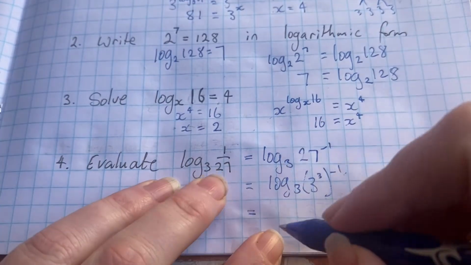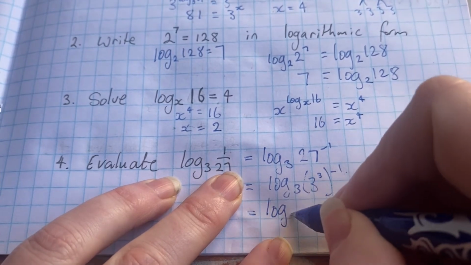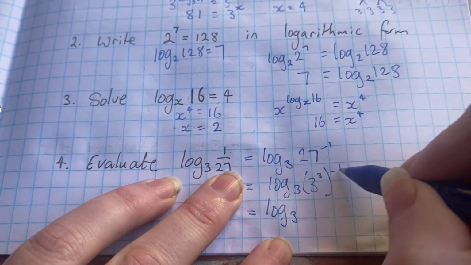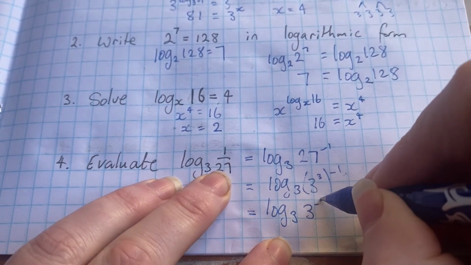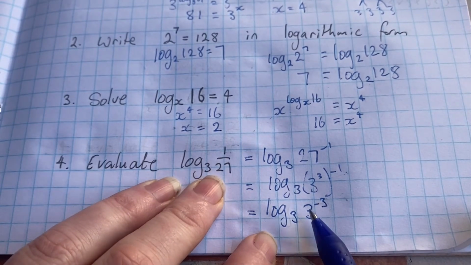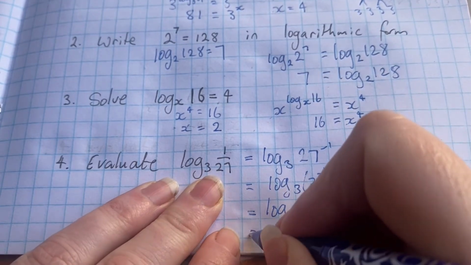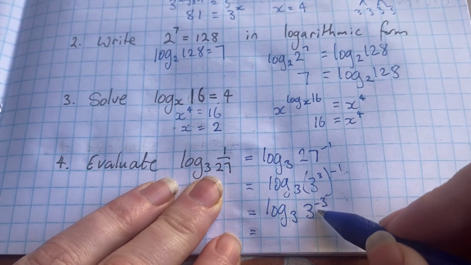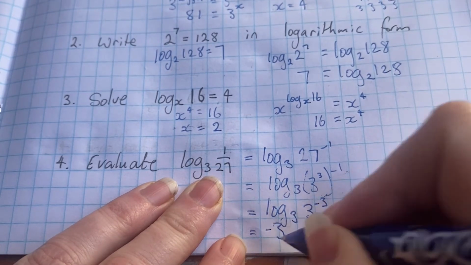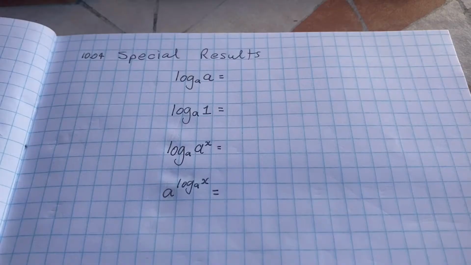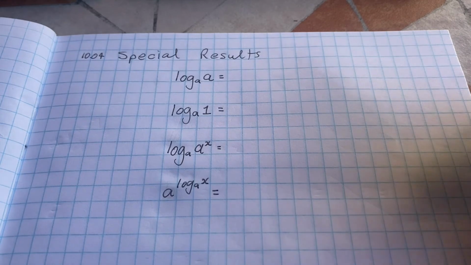So that just equals log base 3, brackets, so we multiply the powers, 3 to the negative 3. Now log base 3 and 3 to the power, inverse operations, cancel each other out, so the power is our final answer.